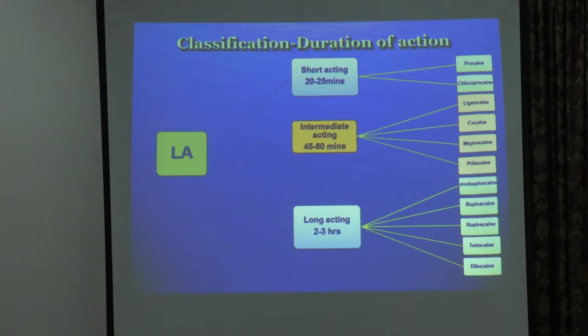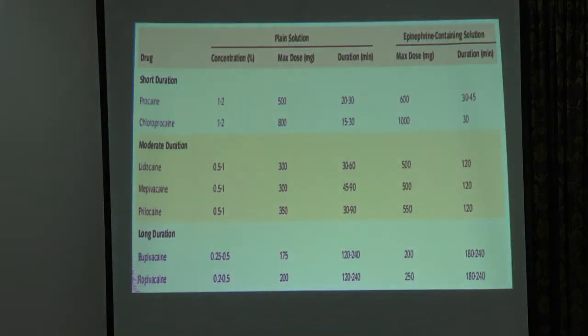So what this means is that if you're going to use Marcaine for a spinal and you are anticipating a surgical duration of about 4 hours, spinal will not be a good thing to do, because after about 3 hours, you expect it to wear off.